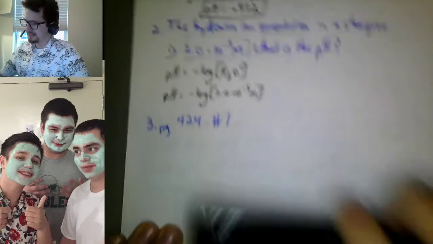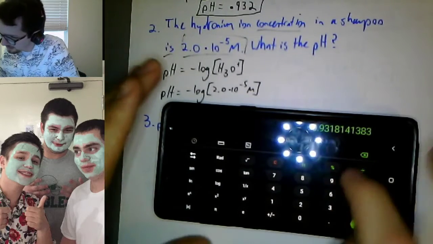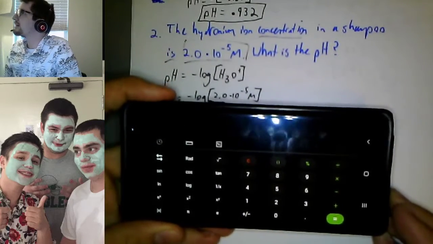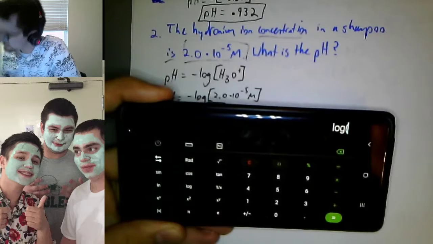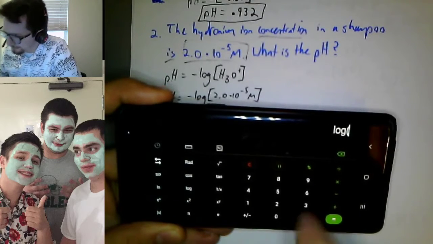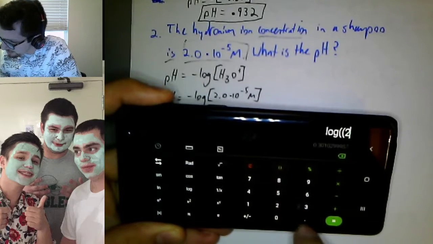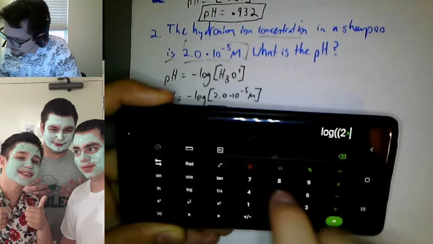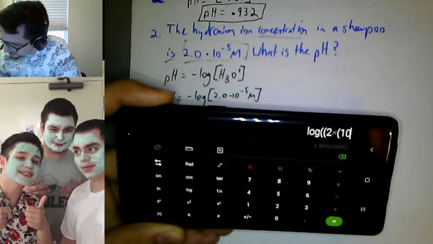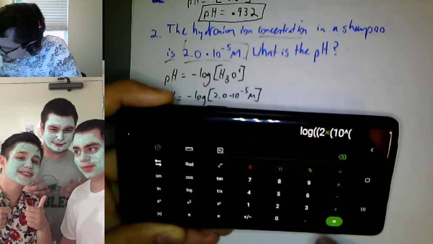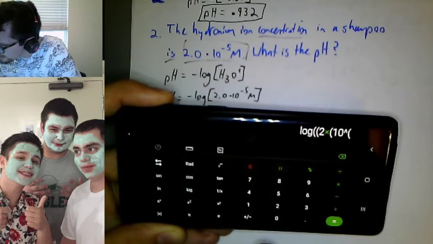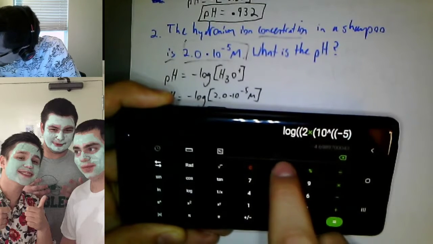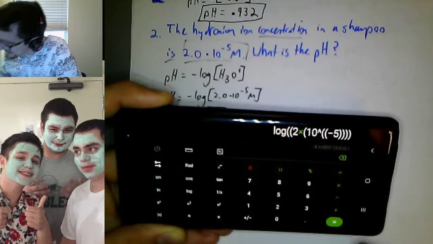So now I'm going to go to my calculator. How do I do this so you can see it? There we go. And I'm going to do the logarithm of, and then I'm going to do another parentheses, 2 times 10 raised to the negative fifth, then close the parentheses.